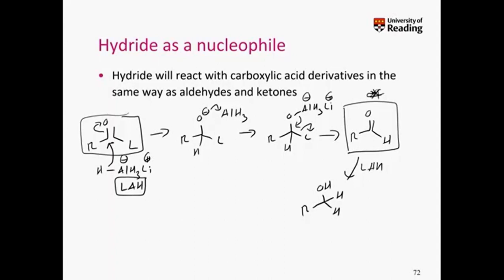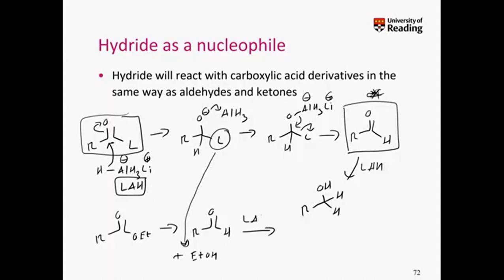So what that tells us is, if for example we took an ester group, so if we had this as an O ethyl, what this would give us is we would move from the O ethyl to an aldehyde plus ethanol, because our leaving group here would give us the ethanol, and then this would go on to a further reaction with the lithium aluminum hydride, the ketone, to give us our OH.